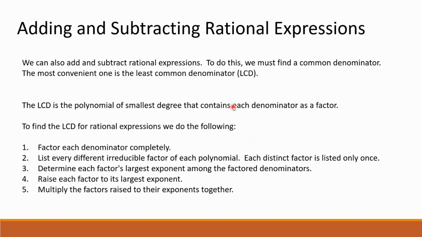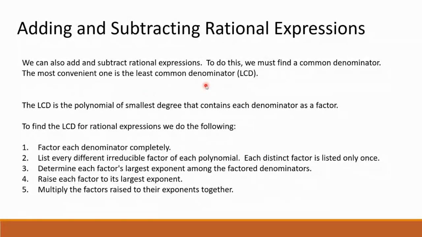So we do have to get a common denominator. Since we will be simplifying, the LCD, which is the least common denominator, is really the best choice. Theoretically, you don't have to get that, but if you get something else, odds are you're going to have more simplifying to do.